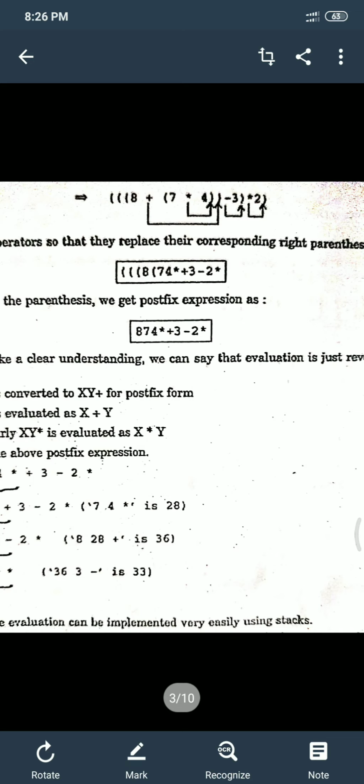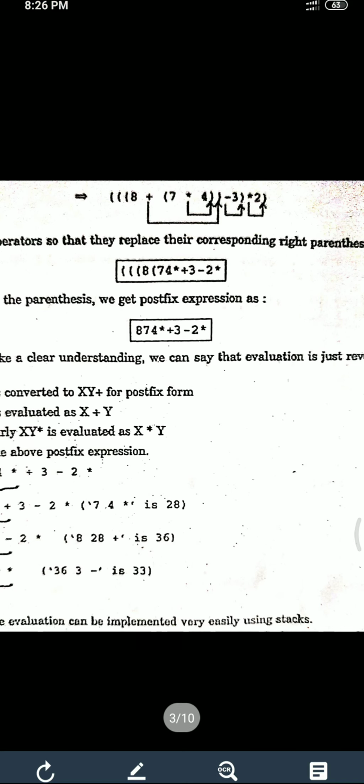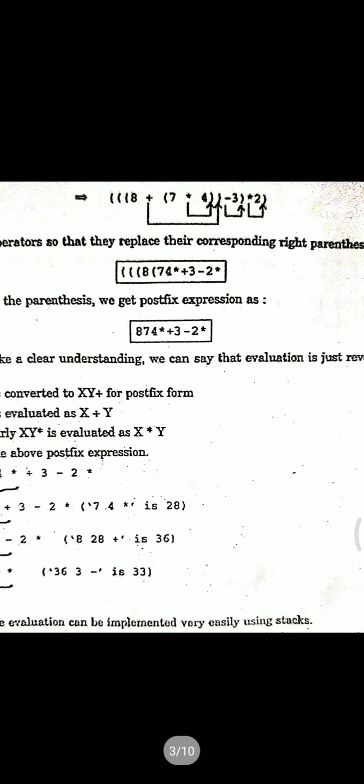After that, the plus will be placed, and the third innermost parenthesis will be evaluated next.